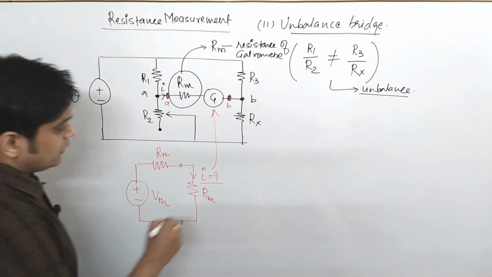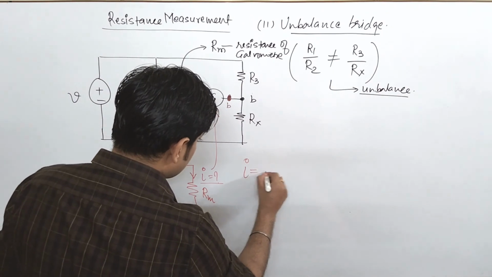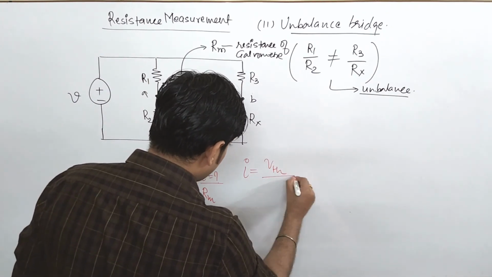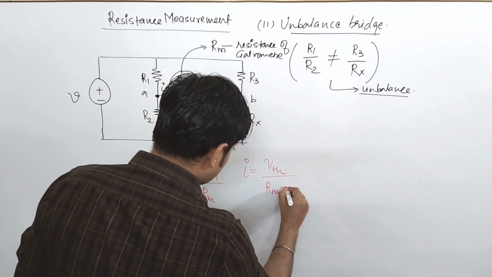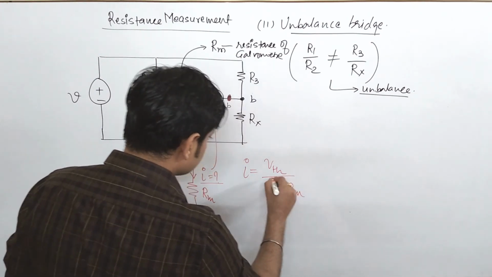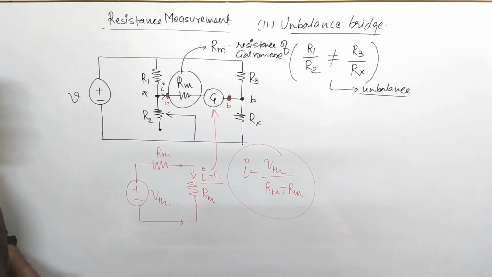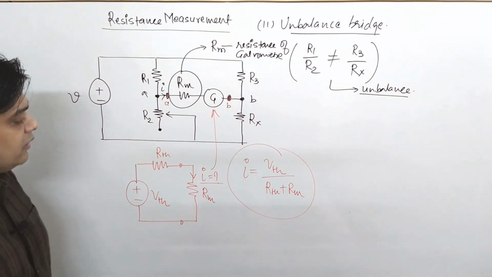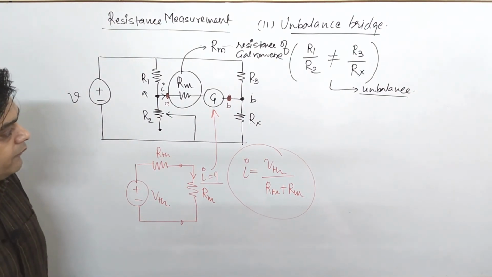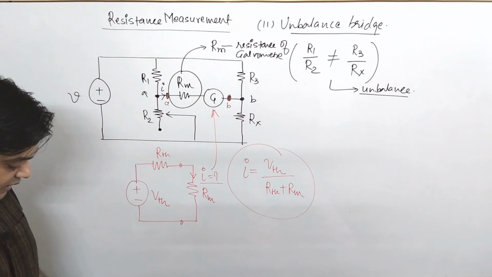So can you say that the value of I is VTH upon RTH plus Rm? Yes, very easy. You can find the value of I, and your I is VTH upon RTH plus Rm. So now you have to find the value of VTH and RTH here.